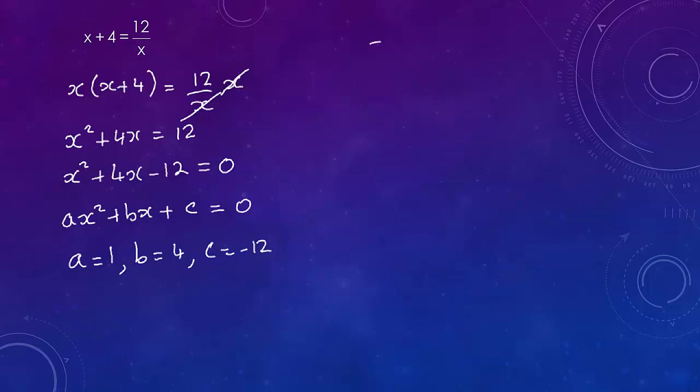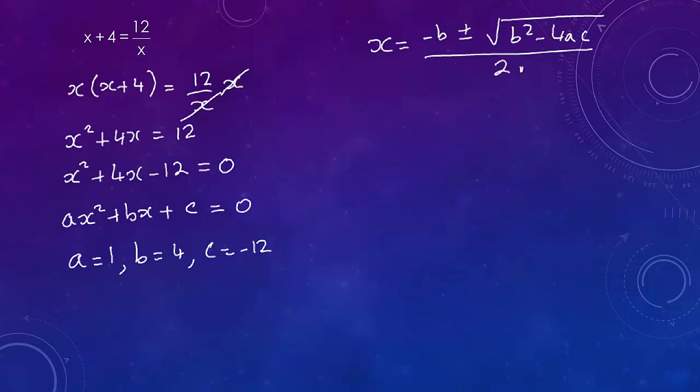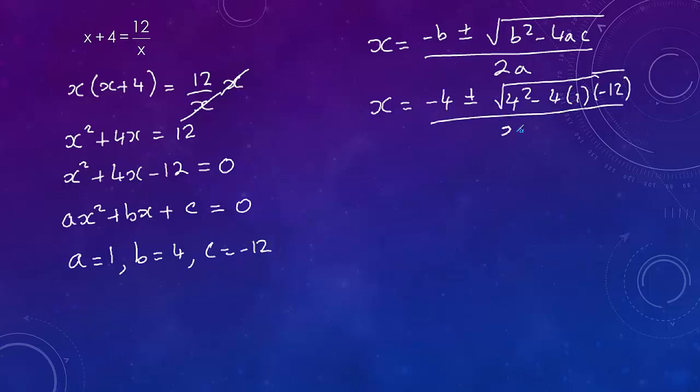So the quadratic formula is minus b plus or minus the square root of b squared minus 4ac all over 2a. So that's going to be minus 4 plus or minus the square root of 4 squared take away 4 times 1 times negative 12, all over 2 lots of 1.